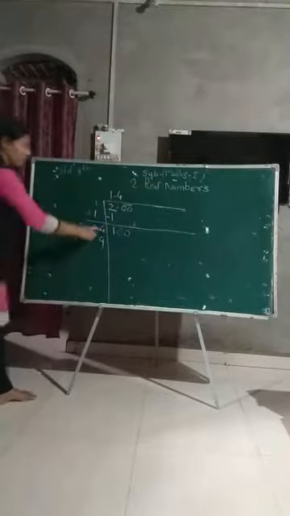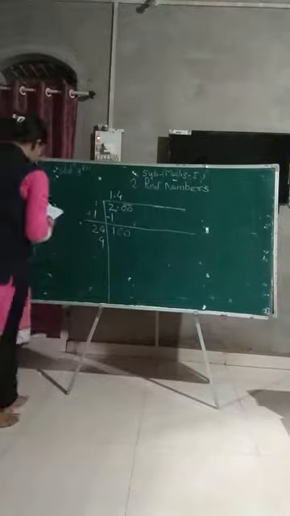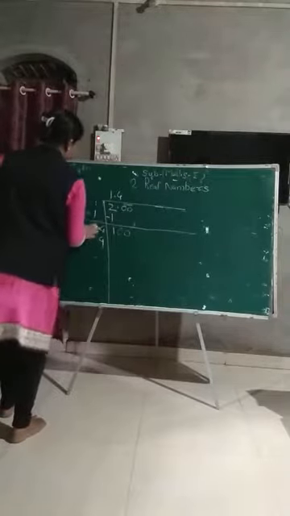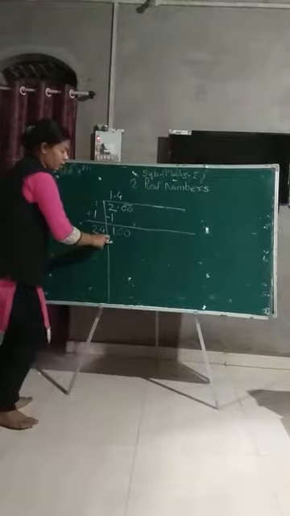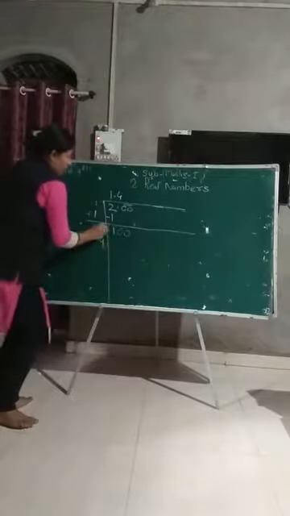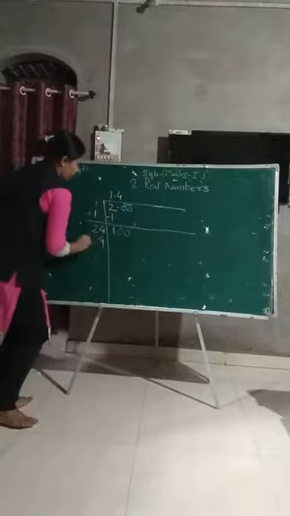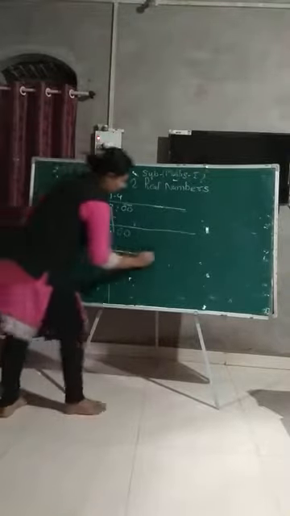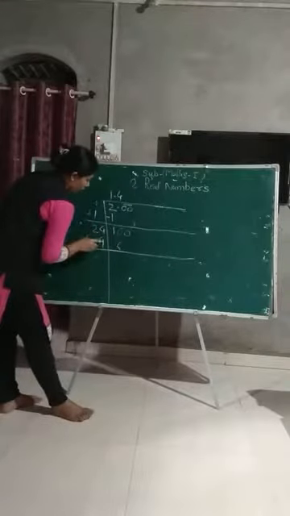If we take 5 here, then the multiplication is greater than 100. So here we take 4 three times and add. 4 and 4 are 8, 4 and 4 are 8, and 1 carried is 9.